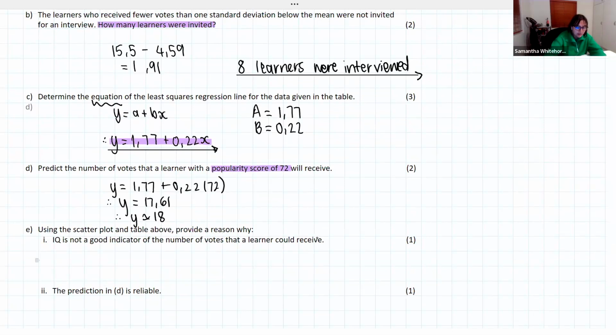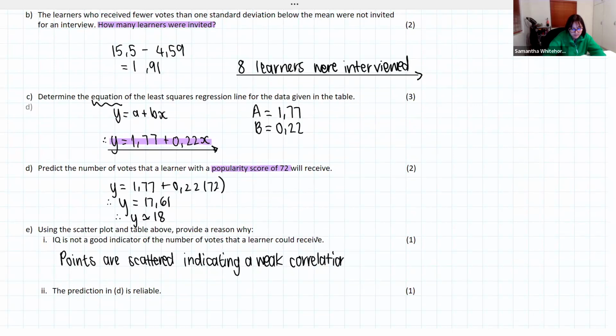So here we would say our points are scattered, indicating a weak correlation. That's actually all you need to say, really. If you wanted to go further, you could say, hence, you can't make a reliable prediction.